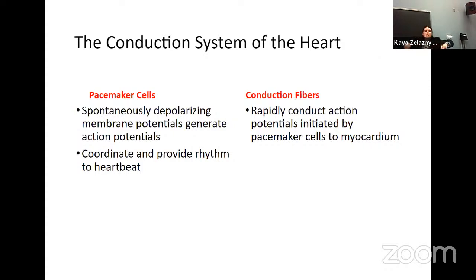Okay. So our pacemaker cells have this autorhythmicity. They're spontaneously depolarizing membrane potentials that are generating action potentials, is the fancy way to say that. So what we're saying is that spontaneously, just on their own, because of the way these cells exist in the world, they're depolarizing, right? They're getting excited, their membrane potential is going up. That just happens from the way they're built.